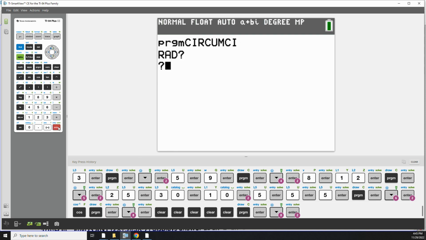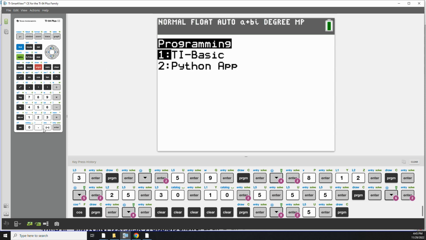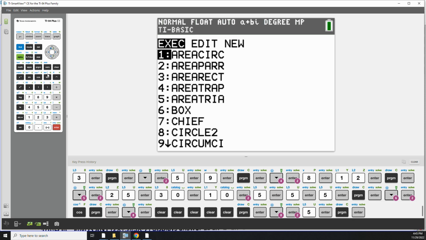Circumference of the circle, huh? So once again, give me a radius, any radius. I pick 5. And it gives you the circumference in numerical form and in pi form. That extra button.